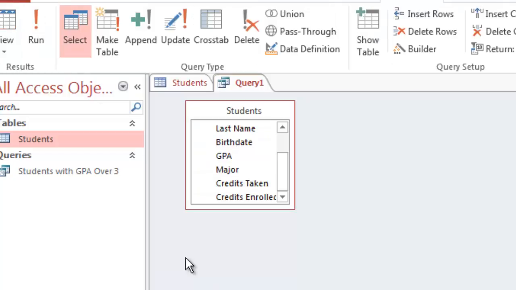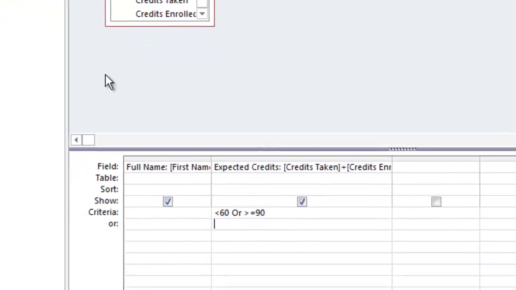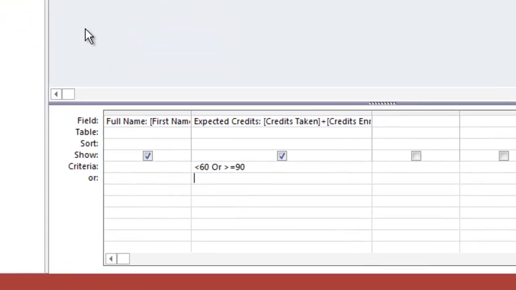We always think about and or from the perspective of the people who are going to get included in our results. So if you're a student and you'd like to be in the results, if it's and, you have to meet all the criteria as a student. If it's or, you just need to meet one of those criteria that are listed. This is easy to get backwards because if you think about, I want all the students who are freshmen and sophomores, and I want all the students who are seniors, that sounds like an and.